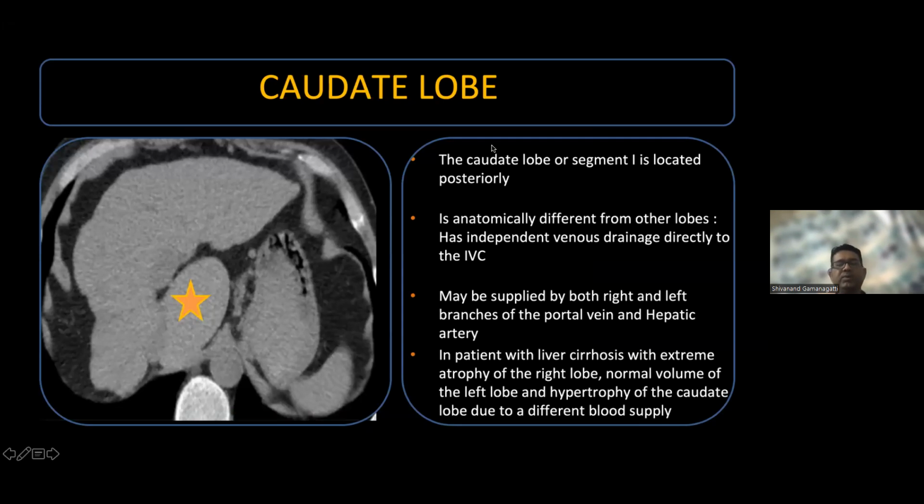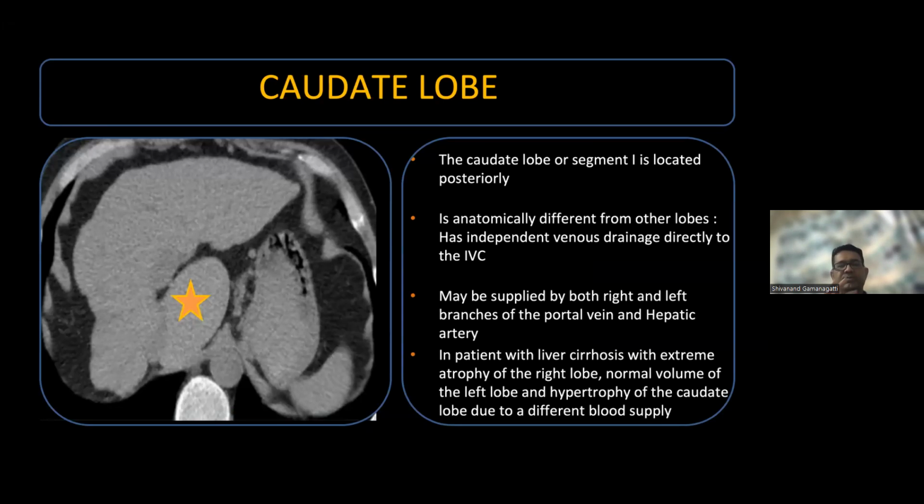Coming to the anatomy, the caudate lobe is located anterior to the IVC and posterior to the main portal vein. The relevance of the caudate lobe is that it takes blood supply from both the right and left hepatic arteries, and it has an independent venous drainage directly to the IVC.